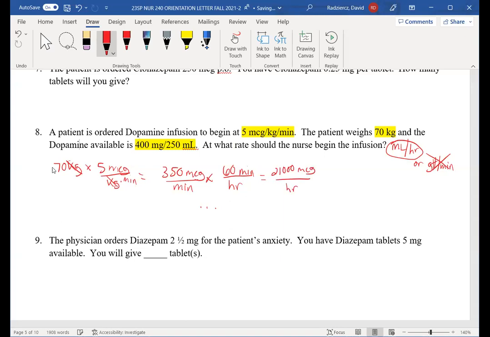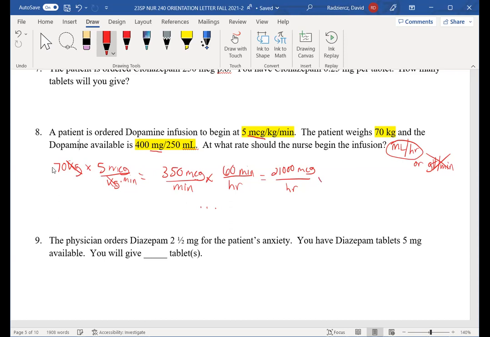Now I have another problem. The order's in micrograms, but the available is in milligrams. So I need to convert either micrograms to milligrams or milligrams to micrograms. I always advocate that since you're already here, and you probably already know, just move the decimal point over 3.